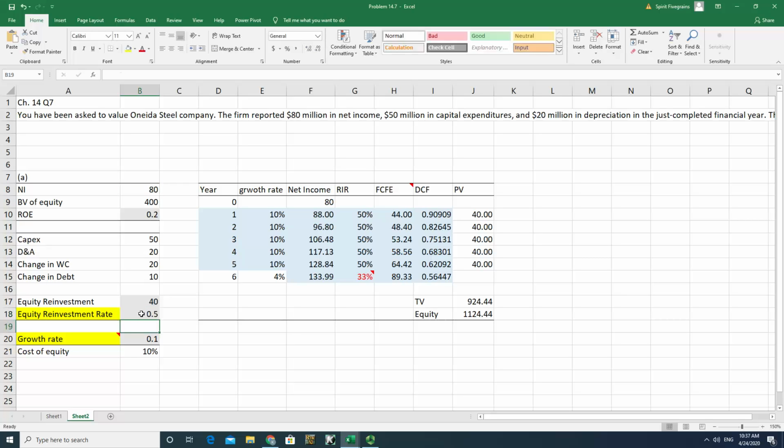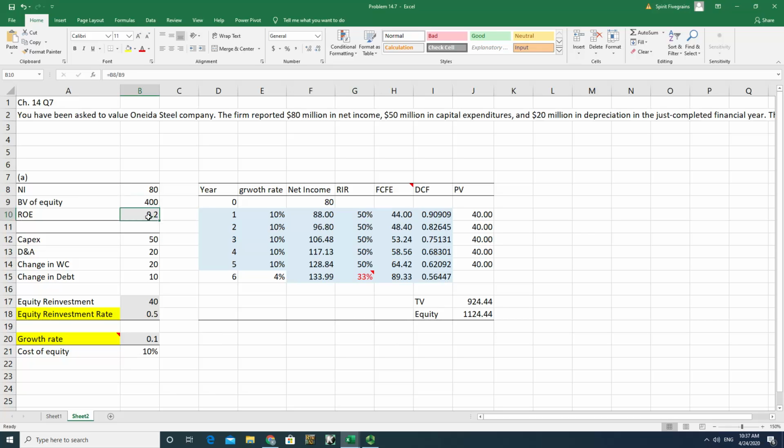And the second step is to estimate this growth rate. And the growth rate equals equity reinvestment rate times ROE. That's what we learned in the chapter on the growth rate. And also we are going to apply this in this problem solving. So what is ROE? Well, I have a small table here to calculate ROE. Net income $80 million, book value of equity $400 million.